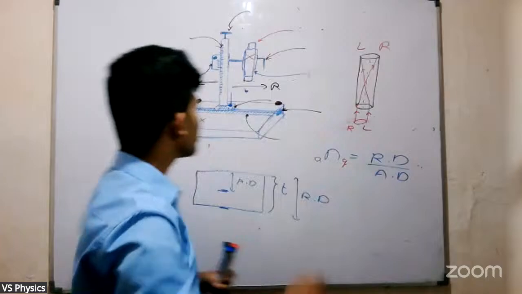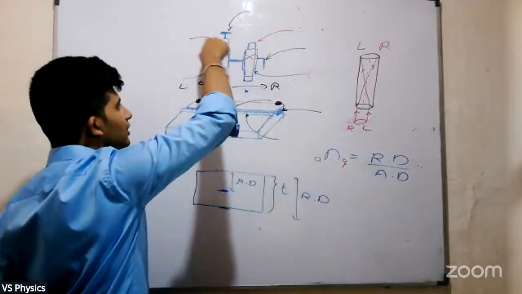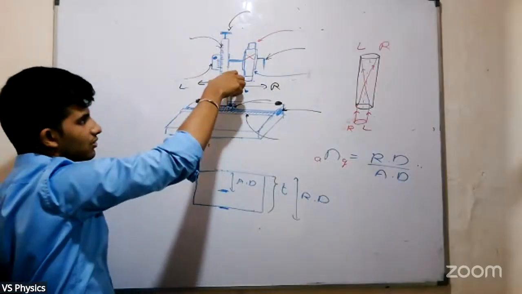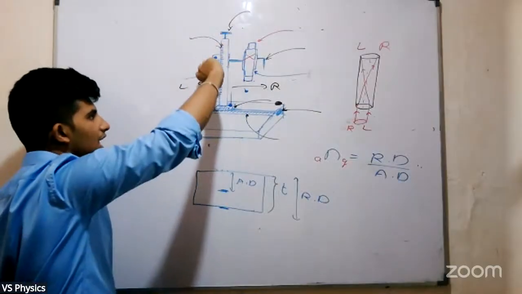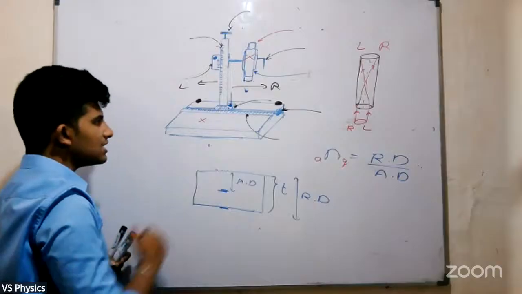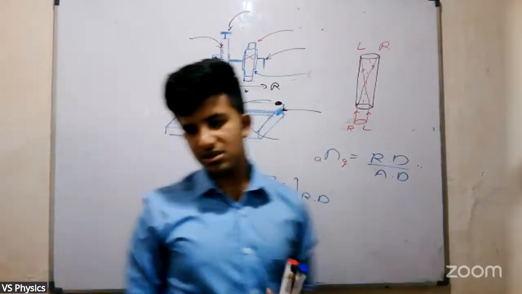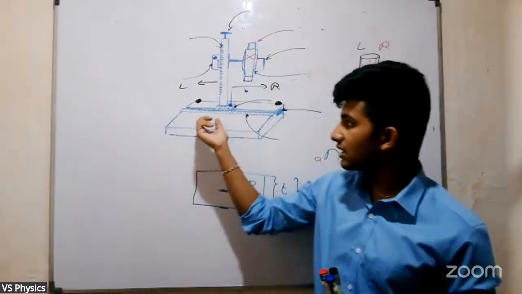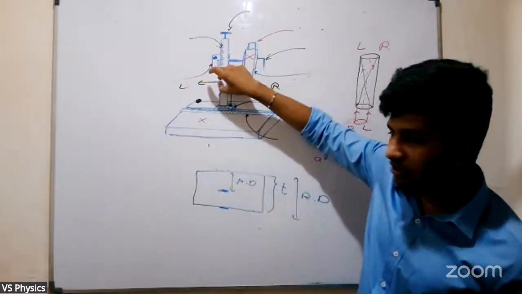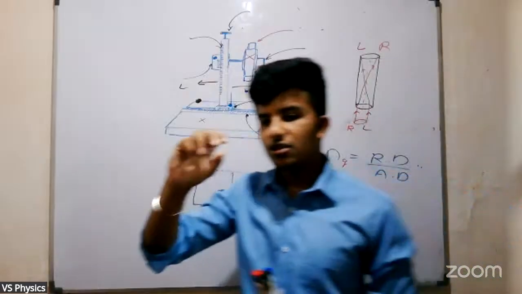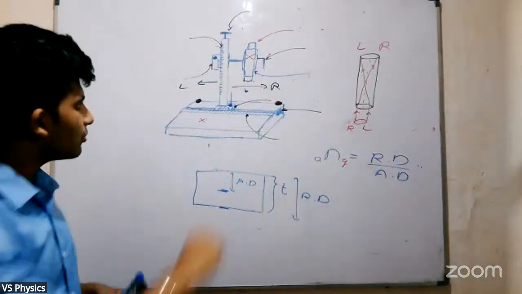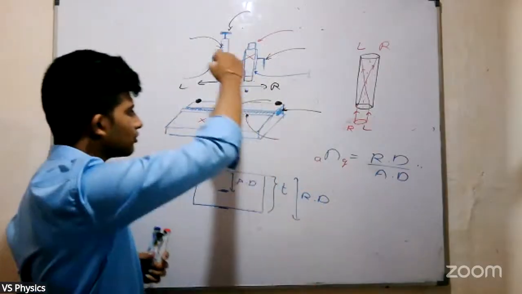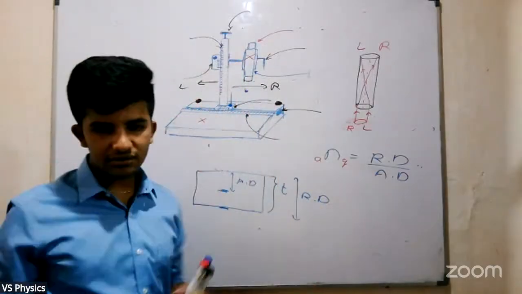Then we open the top screw and push it down. At a certain distance, you will start seeing the cross; in all other places you won't. At that point, you lock it and use the focusing knob to focus on the cross.